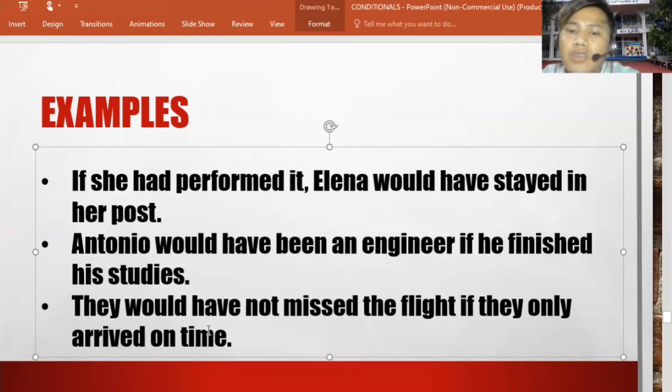So all these three sentences express two past actions very obviously, and they follow the grammatical structure of the third conditional.